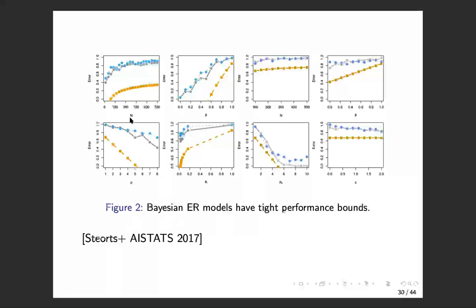So here on the left, this is all for the categorical data of the Bayesian graphical entity resolution methods. What I'm looking at is the gold here is the true bound, and these are, for example, Gibbs samplers and things like that. So you can see that the bound here is quite loose for all of the parameters.